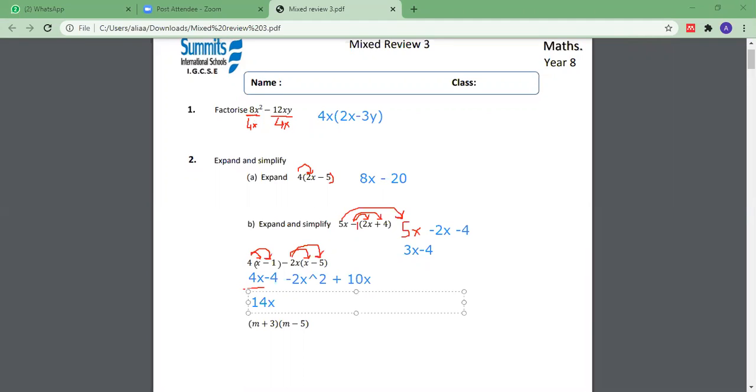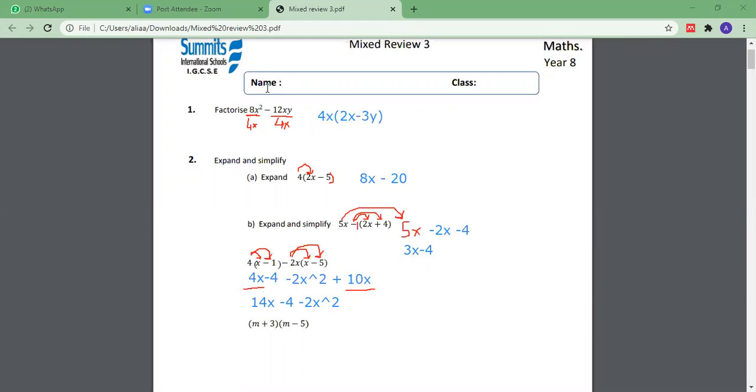Negative 4 doesn't have anything common, so it will be written as it is, and then minus 2x power 2. Okay, excellent.